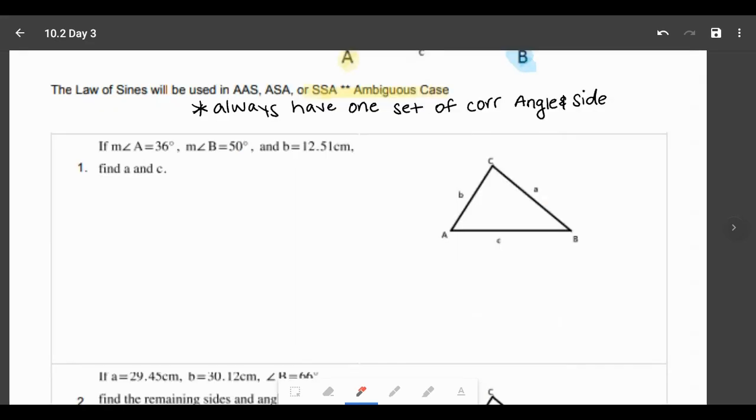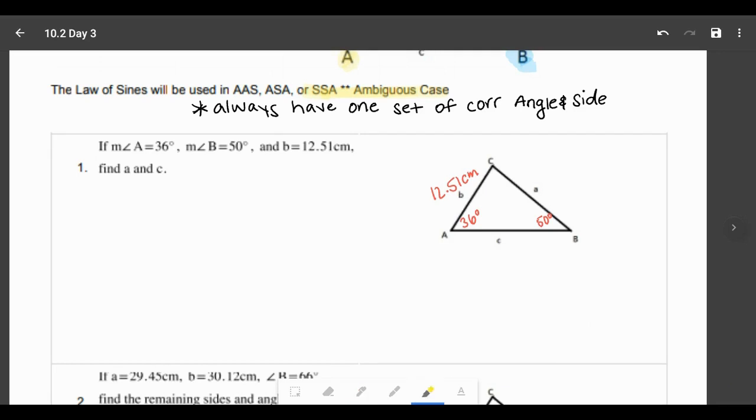Okay, looking at problem 1, I'm first going to go ahead and label my diagram with everything that I was given. And I'm going to recognize that the problem is asking me to find the two remaining sides.